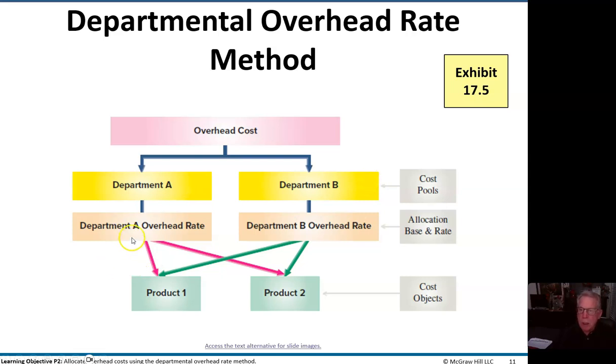So we develop a Department Alpha overhead rate and a Department Bravo overhead rate, and we apply them to the product from 2 overhead rates. So Product 1 is going to get a little bit of overhead from Department Alpha and a little bit from Department Bravo, as does Product 2, our cost objects, as we call them in the trade.